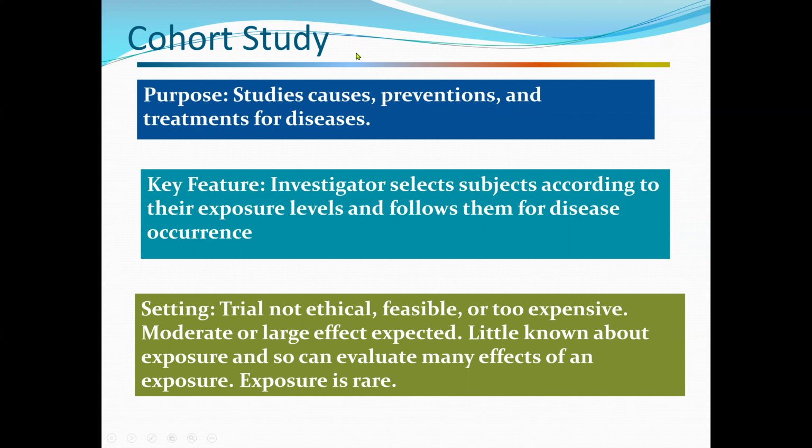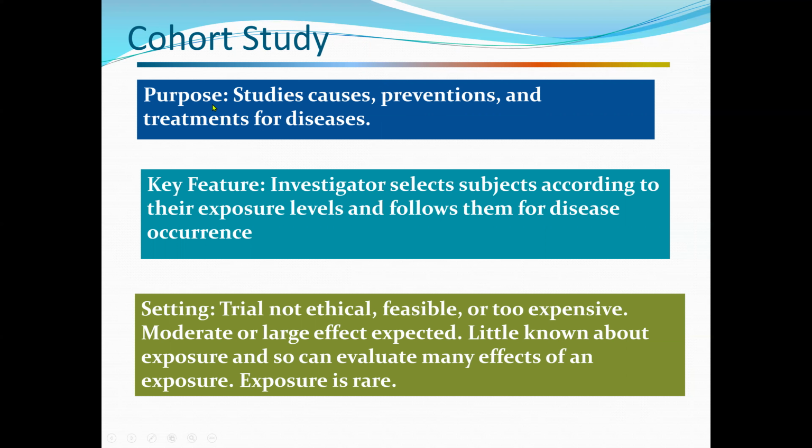Then we have retrospective. Retrospective means the participants already have the outcome, the disease, so we are looking at their historical behavior. We look at the historical data to see why they have the disease at the present time. So with the cohort study, one will look at the future and the other will look at the historical data.